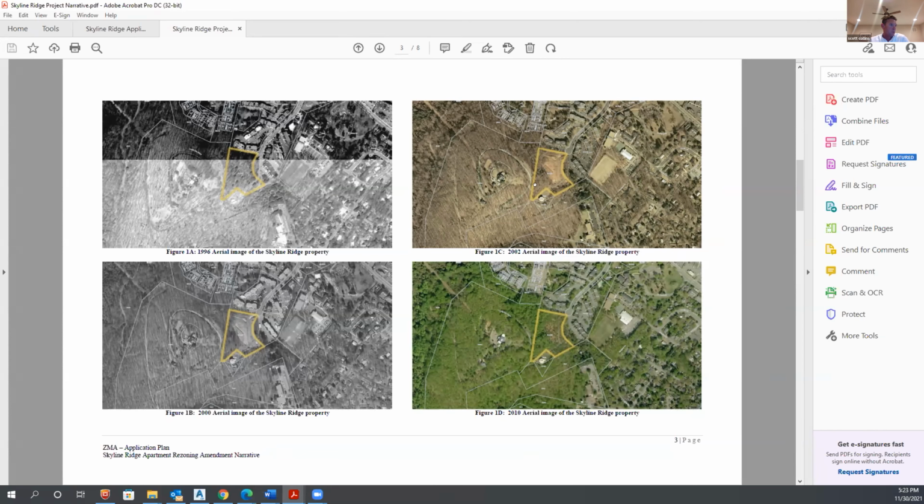This is 2002, where it looked like it was still cleared. Construction halted sometime around this period, around 99, 2000. It was stopped due to timing, market demands, and construction costs, a number of issues that led to the halting of the project at that time.